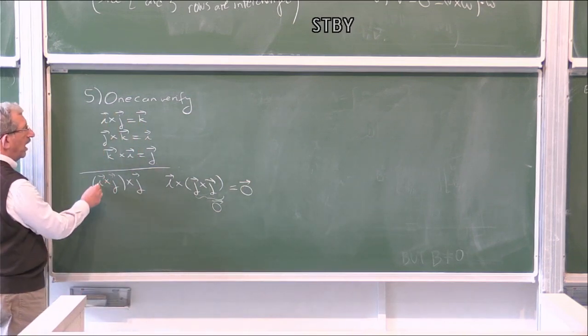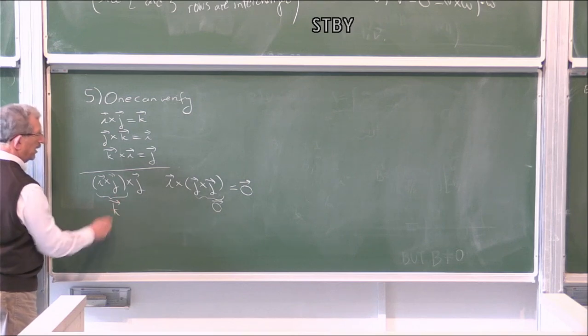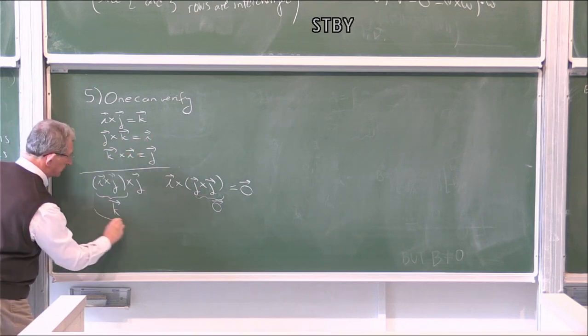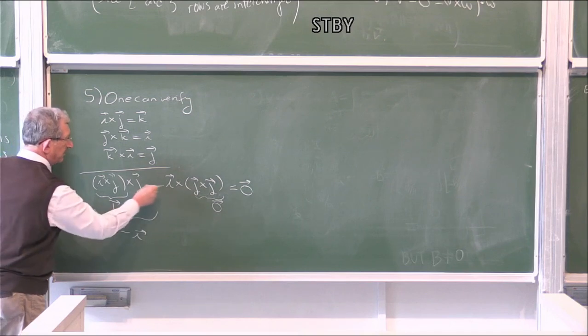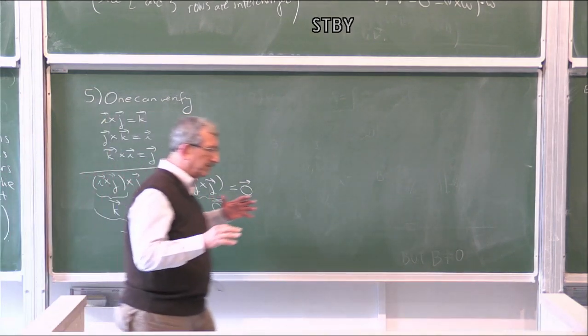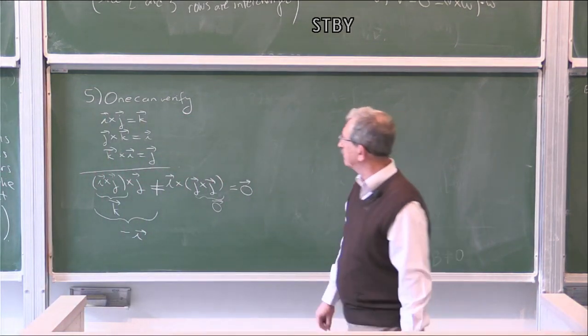But here, I cross J is K, and K cross J is the negative of this, so it is minus I. So we see that they are not equal. So the place of the parentheses is important.